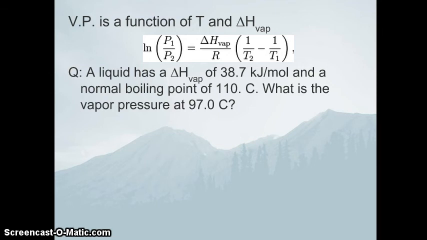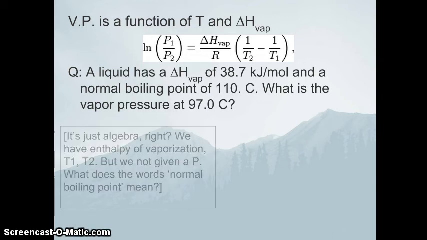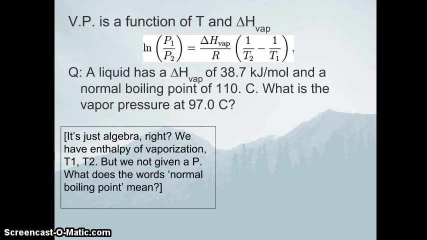So a hypothetical question: if we have a solution that has an enthalpy of vaporization of 38.7 kilojoules per mole and a normal boiling point of 110 degrees Celsius, what is the vapor pressure at 97 degrees? In this case, it's really just algebra. We know the enthalpy of vaporization, so we know delta H of vaporization.